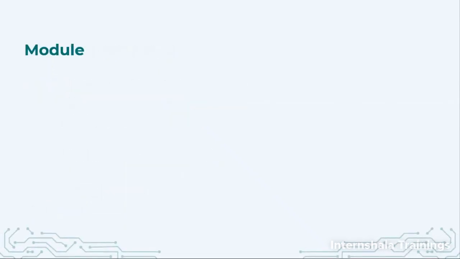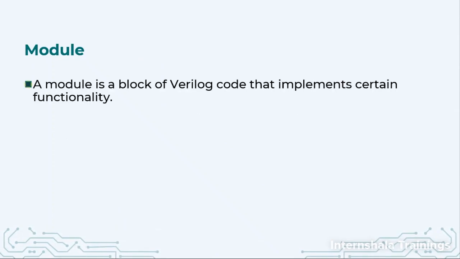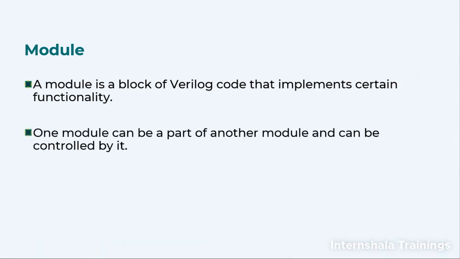Now let us talk about these individual components in detail. A module is a block of Verilog code and it will implement the given specified functionality. One module can be part of another module and it can be controlled by another.